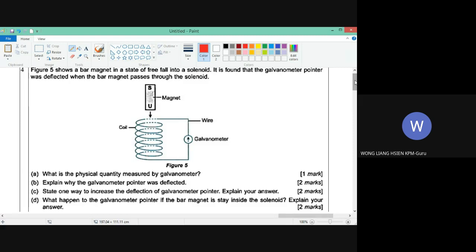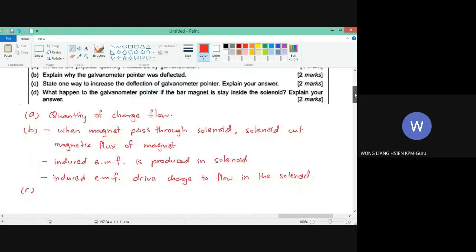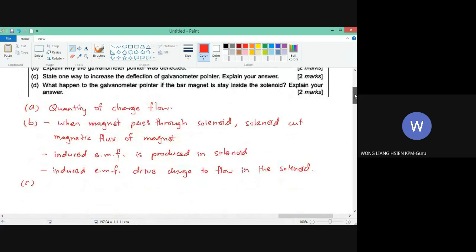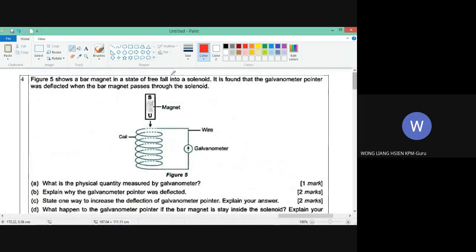Okay, so state one way to increase the deflection of galvanometer. This one, it says state of free fall. Wait.